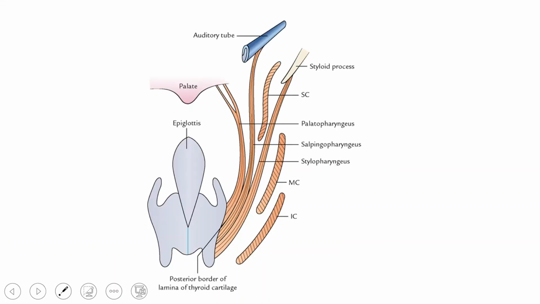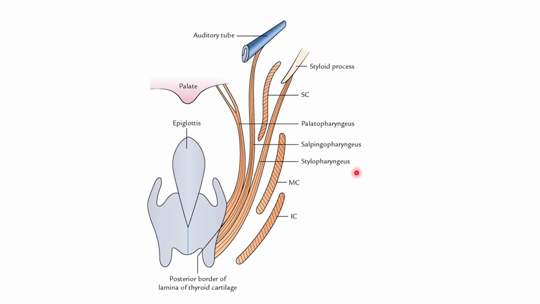Next, moving on to the intrinsic muscles of the pharynx or the longitudinal group of muscles. The longitudinal group of muscles are again three in number, that is the palatopharyngeus coming from the soft palate, the salpingopharyngeus from the tubal end, and the stylopharyngeus originating from the styloid process.